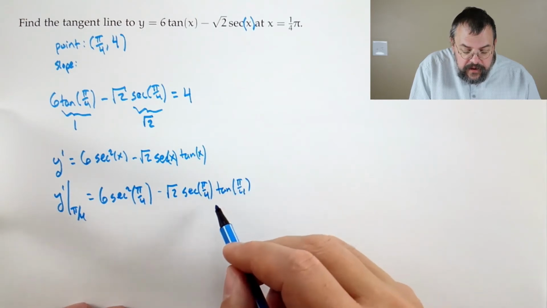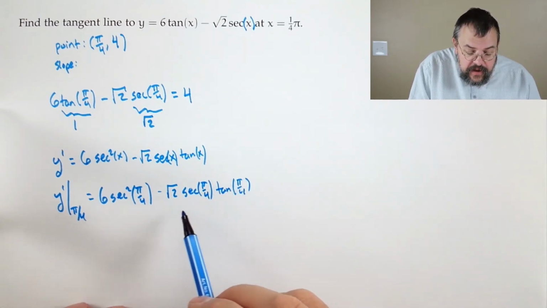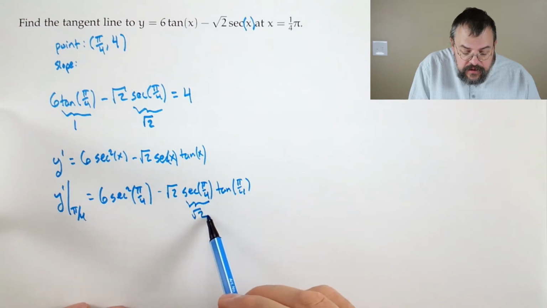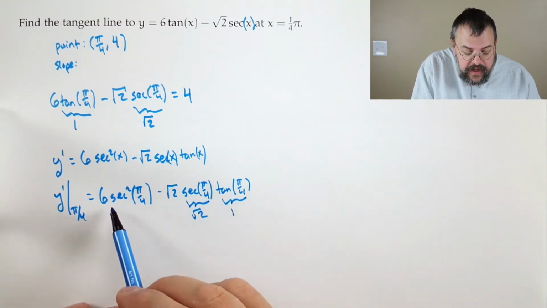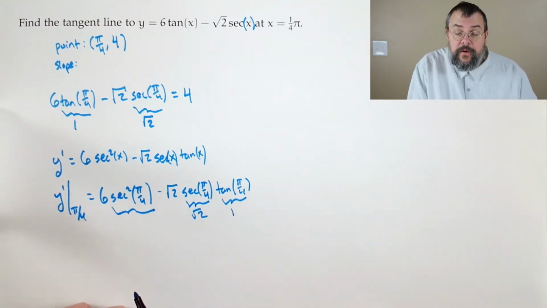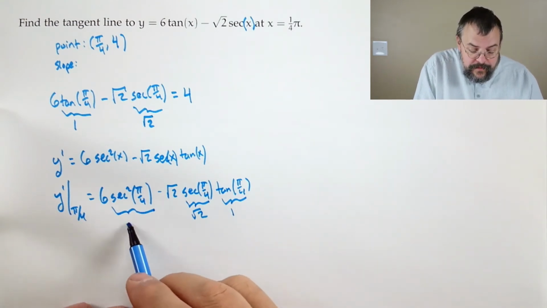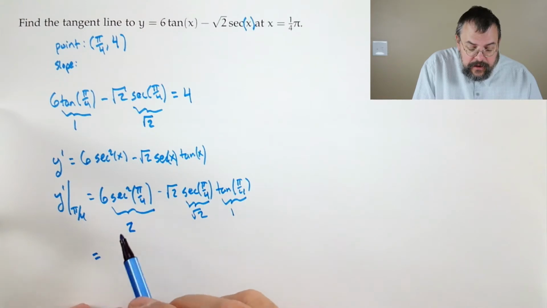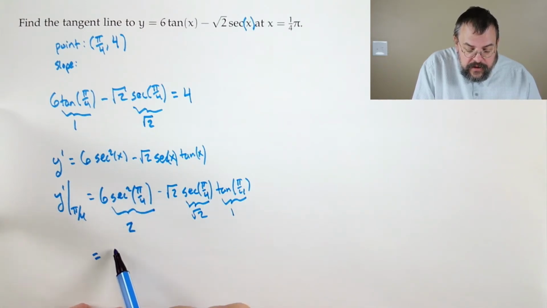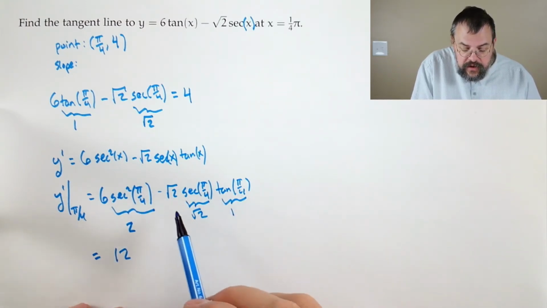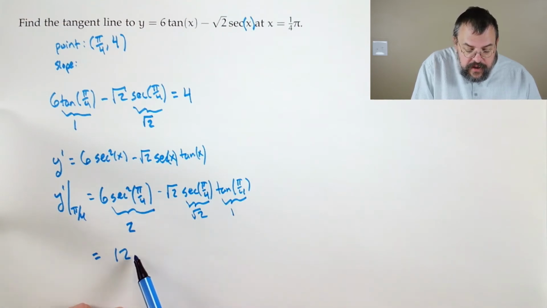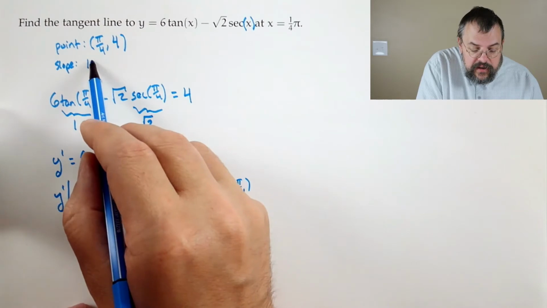We know these values: the secant of pi fourths is root 2, tangent of pi fourths is 1, and secant squared of pi fourths is root 2 times root 2, which is 2. So we have 12 minus 2, because root 2 times root 2 is 2, which is 10. So our slope is 10.